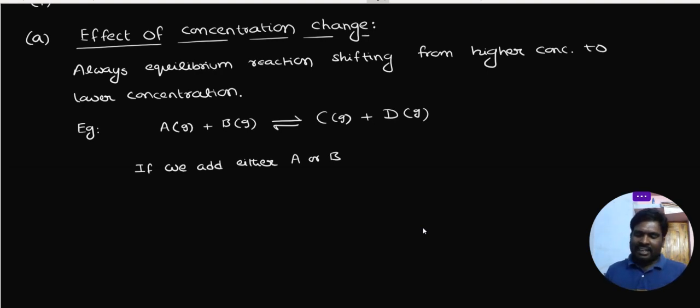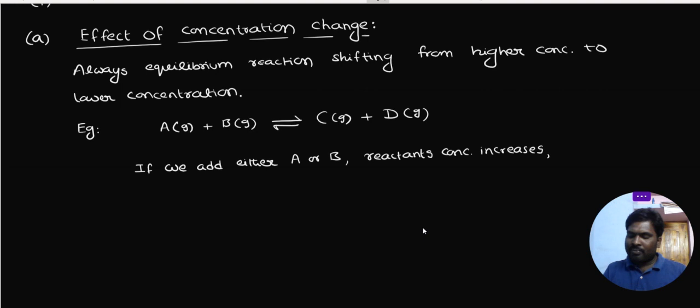If we add either A or B, then what happens? Reactants concentration increases. Reactants concentration increases means comparatively products concentration is low. Then always equilibrium reaction shifted from higher concentration to lower concentration.